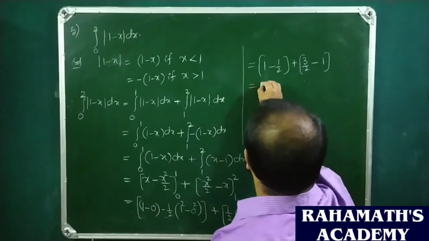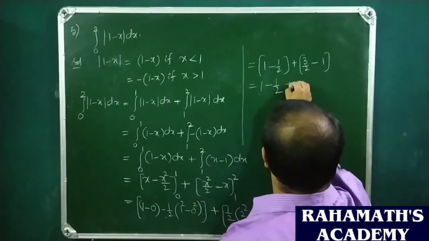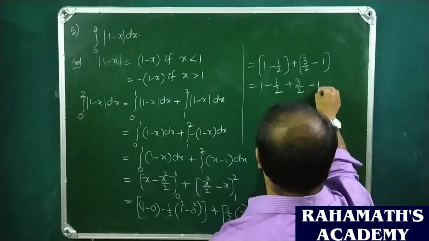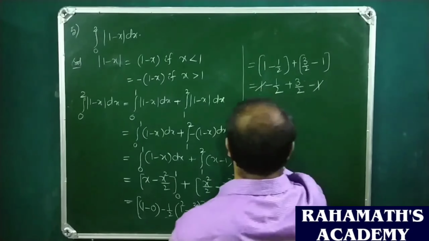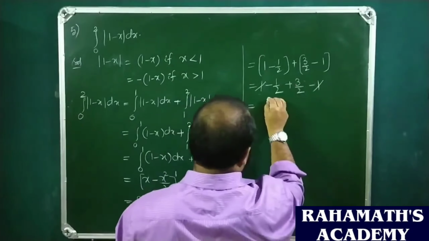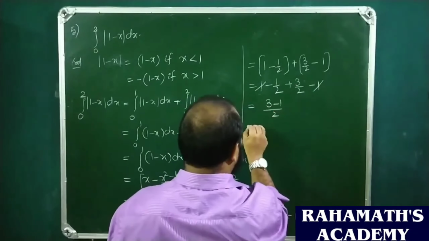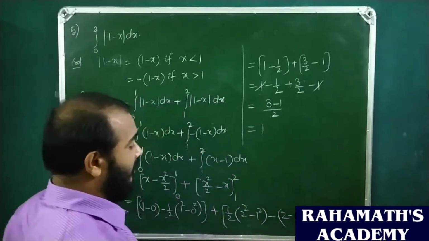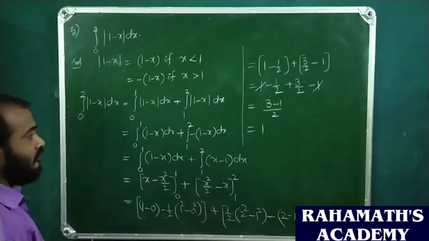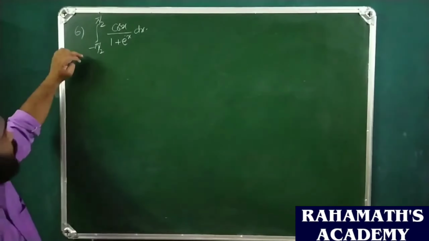So this is 1 minus half plus 3 by 2 minus 1. The 1 gets cancelled. So 3 by 2 minus 1 by 2, that is 3 minus 1 by 2, which is 2 by 2, which is 1.